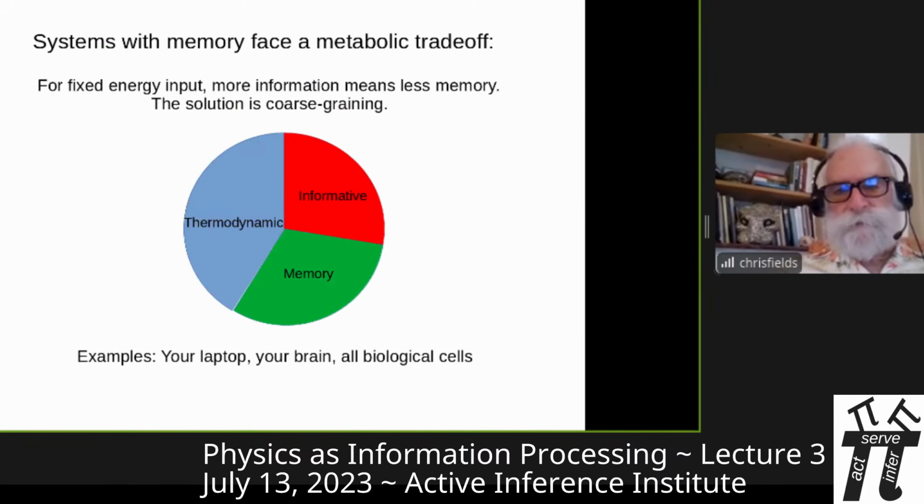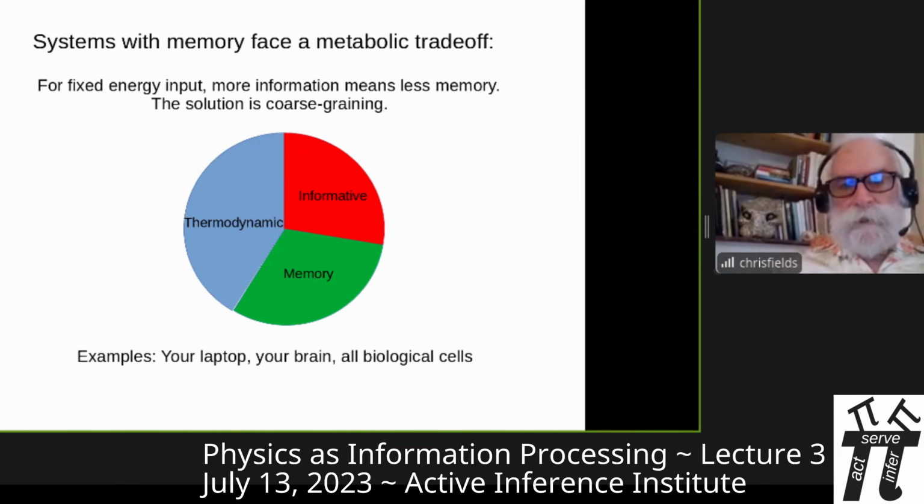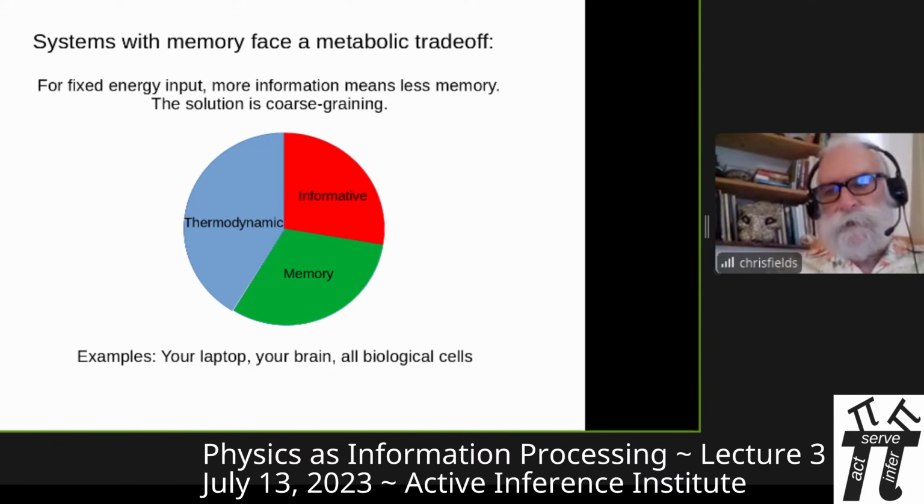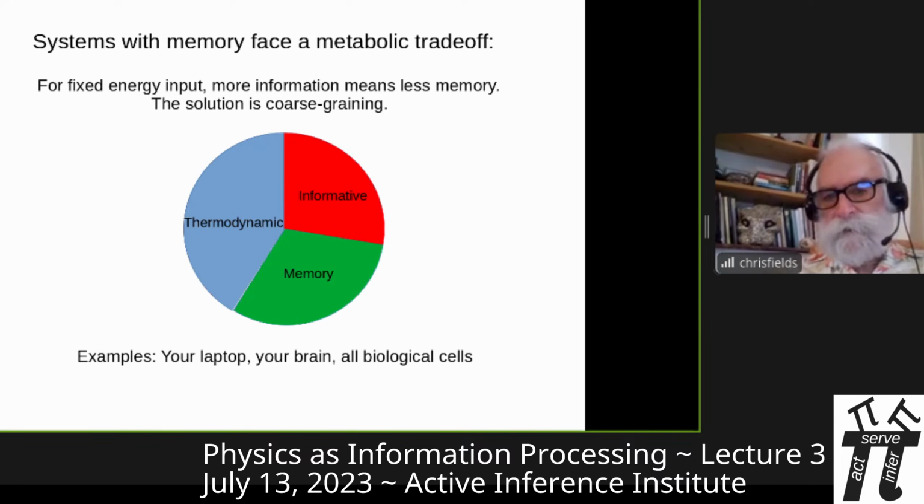So if you have a structure like this, you face a metabolic trade-off. For a fixed amount of energy that you can extract from the environment, you can allocate it either into learning more about the environment or remembering more about what you learned before. And so any system has to make this decision about how they're going to use energy.